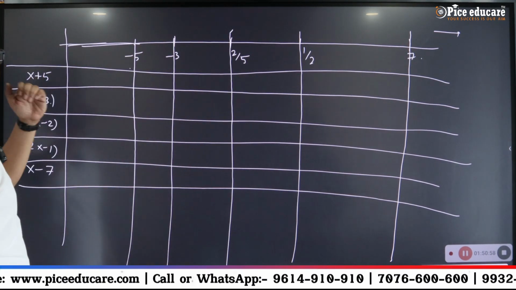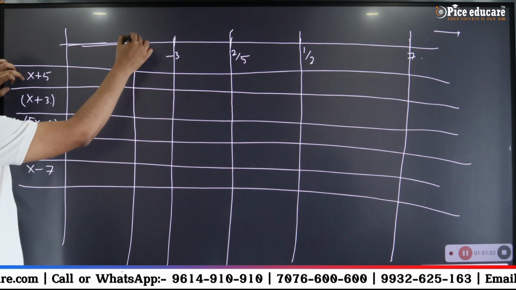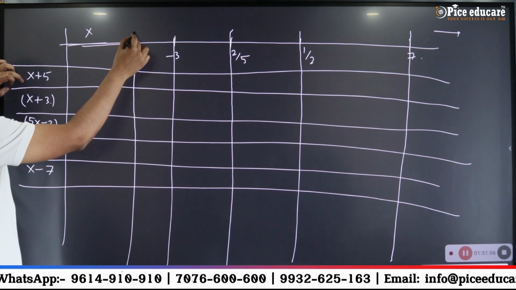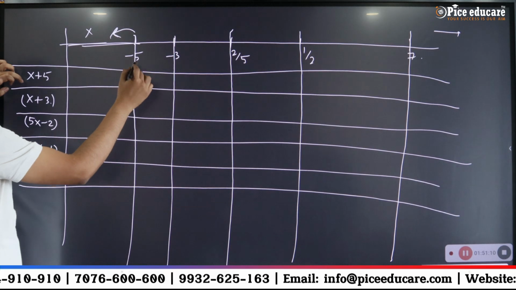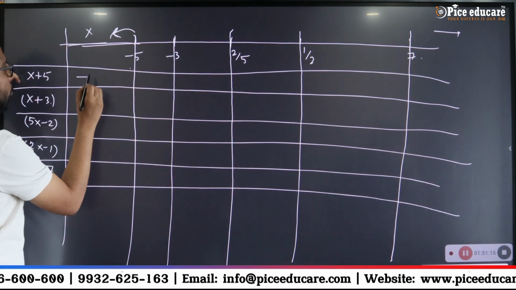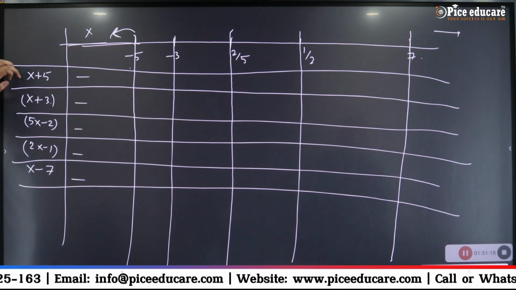I arrange it like this. What I can do is say that when my x is even lesser than the least of all these, all my signs should be negative, right?